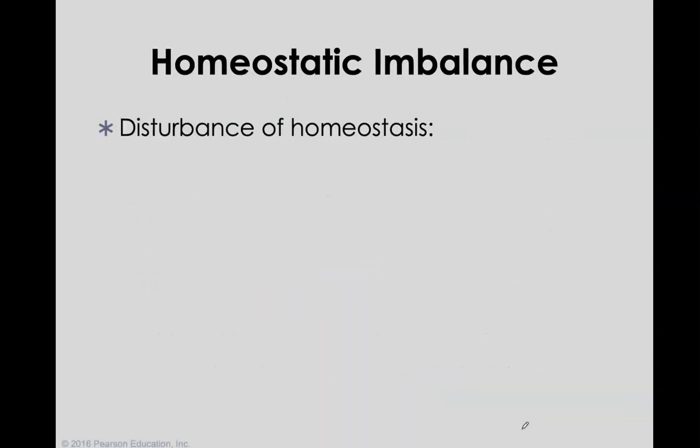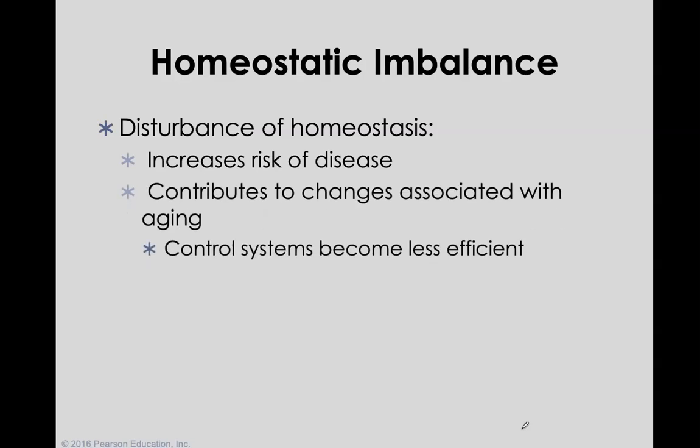Okay, so homeostatic imbalance. When we have a major disturbance of homeostasis, this is when we have disease. A disturbance of homeostasis, especially for a prolonged period of time, makes you susceptible to disease.